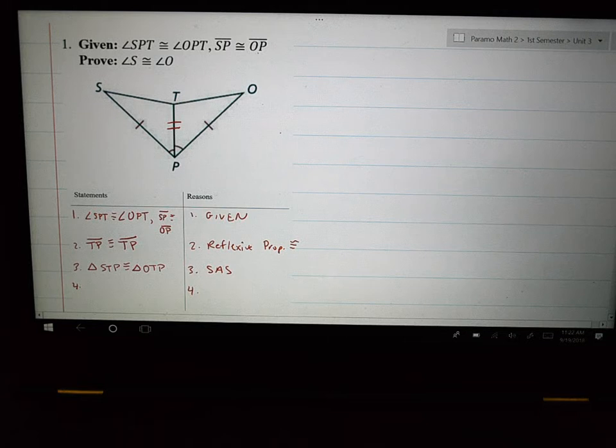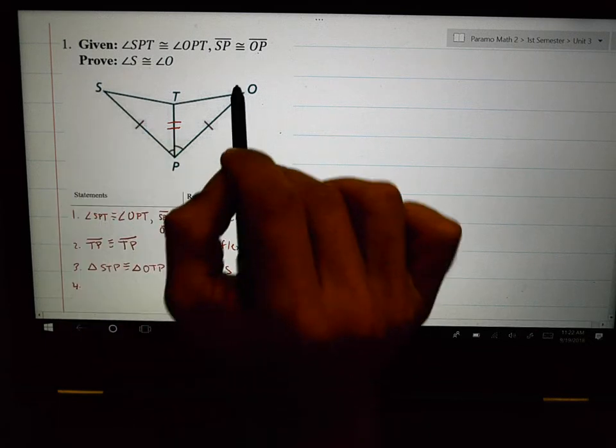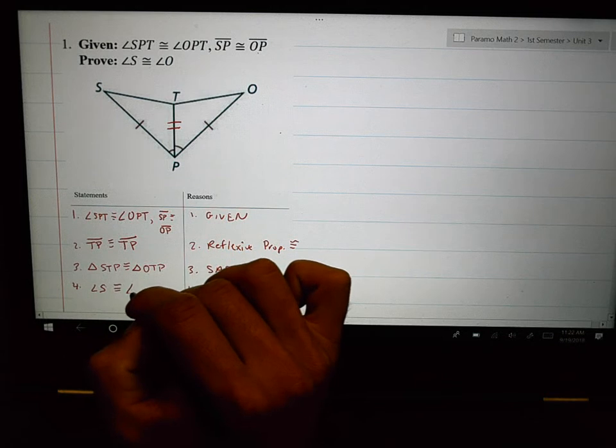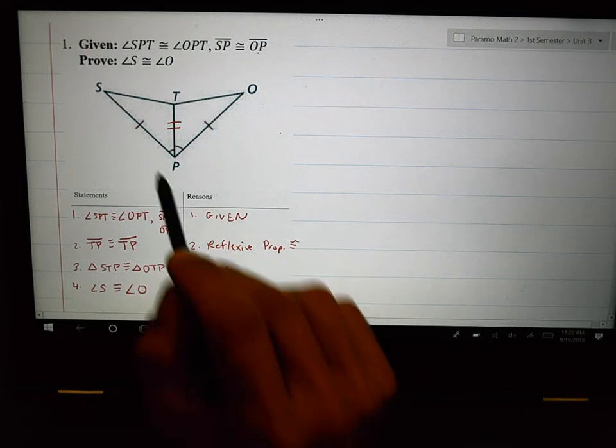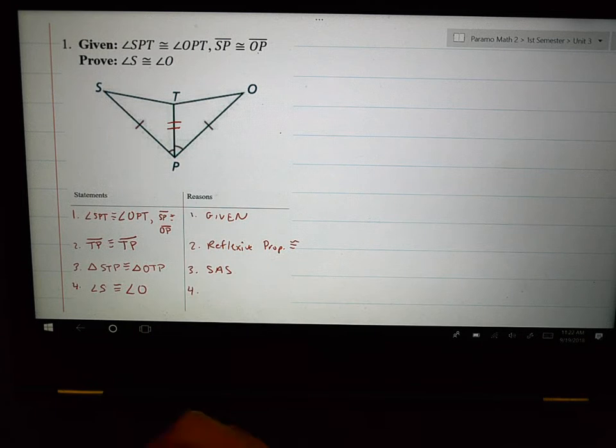And the last thing, what are we trying to prove? We're trying to prove that angle S is congruent to angle O. If this triangle is congruent to that triangle, then all the matching parts have to be congruent. We just wrote that down.